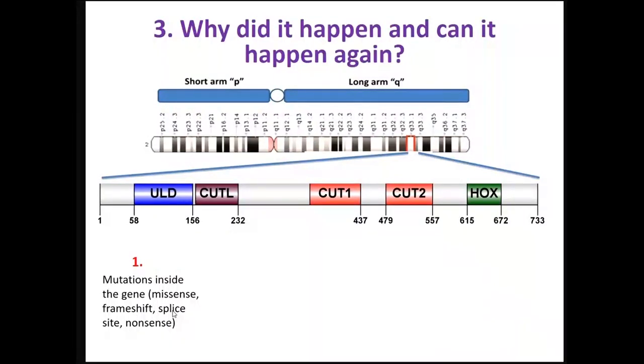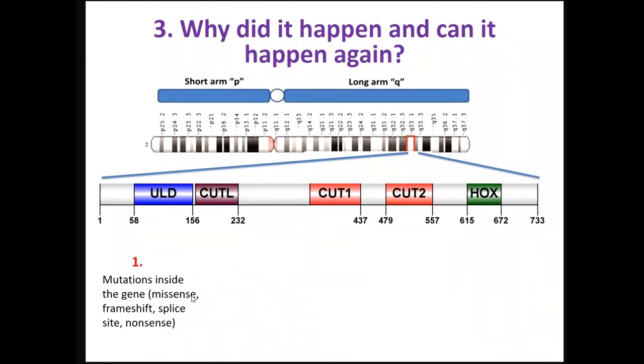Typically you have a letter replaced by another letter, or perhaps 1 or 2 letters missing, or 1 or 2 letters extra, that fool our body into how the genetic code is supposed to be read, and basically result in this protein being terminated before the 733 position. So you have a block or ending here or here at some point, in many instances, at least when it comes to frameshift, splice, and nonsense.